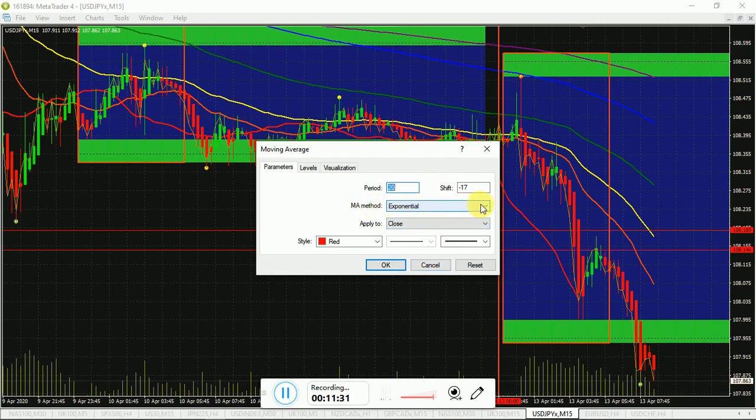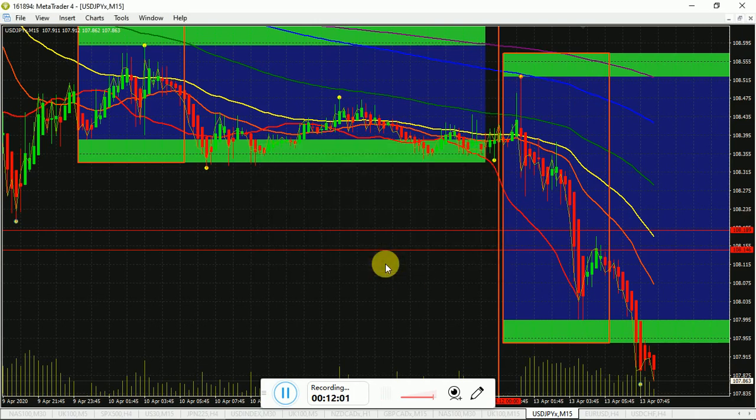And another thing, 20 is the only one that will be an exponential moving average. The rest of these lines will be simple, not smooth, moving averages, and you're going to make them the same colors as I have.